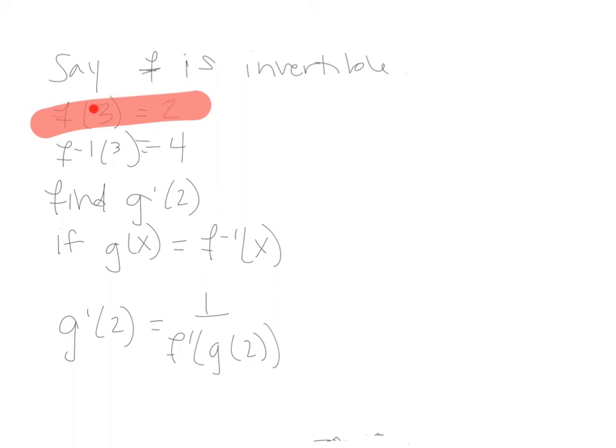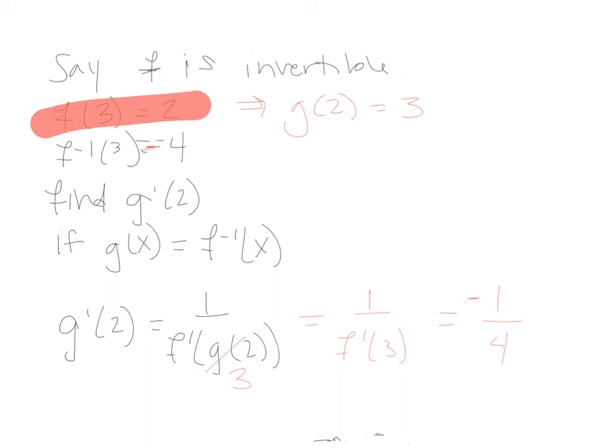Well, g is the inverse of this function, so g of 2 equals 3. So what I'm really trying to find is 1 over f prime at 3, which is 1 over 4, and that should be a negative. So it was negative 1/4. So that's how you can use that rule working with inverses.